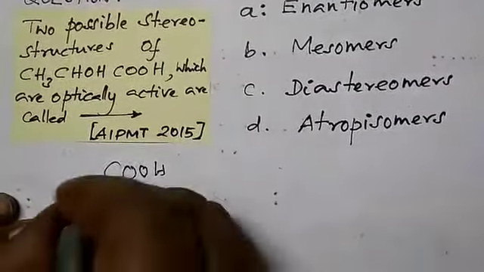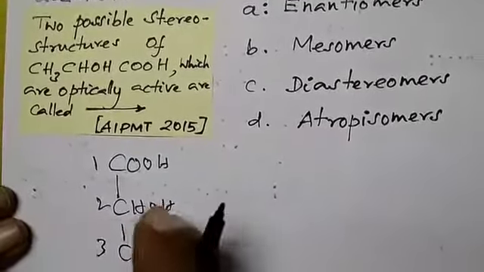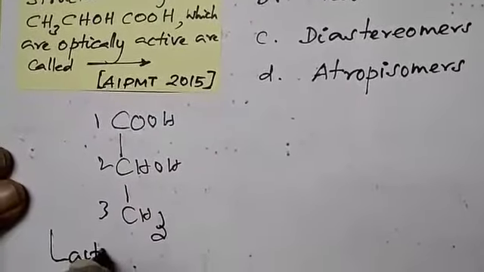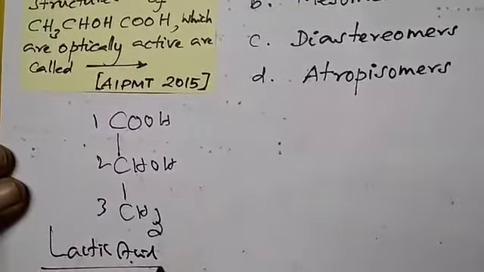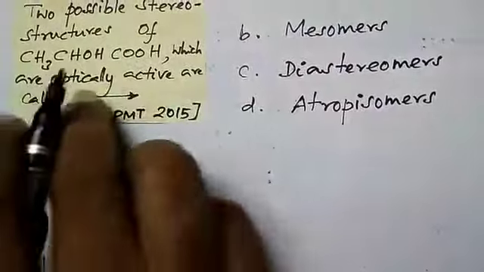By observing 1, 2, 3, what is it? 2-hydroxy propanoic acid is nothing but lactic acid. I just told you. So for this, which are optically active, they are asking.